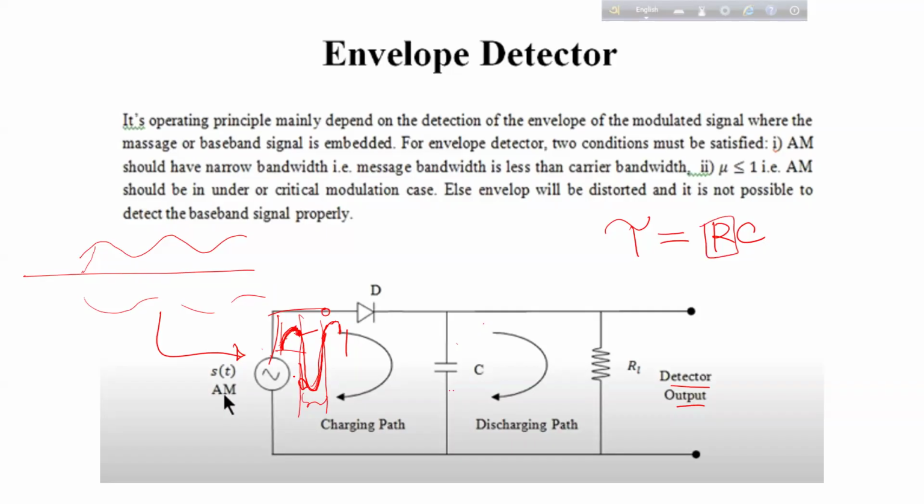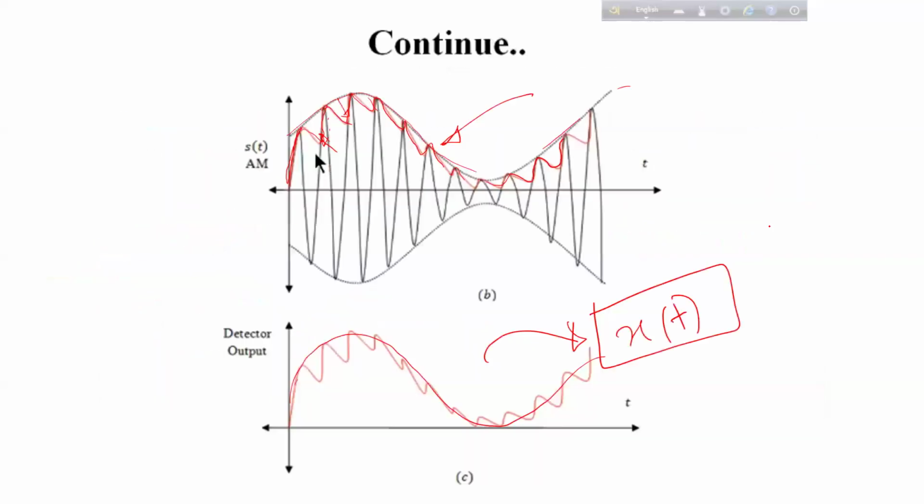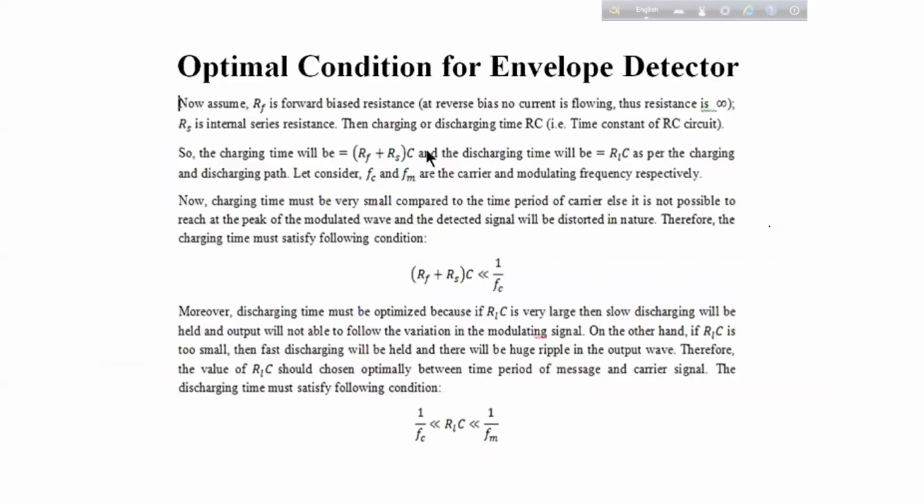So what is our charging path? This is our charging path. The resistance present in this path is R, and the capacitor present in this path is C. The resistance in this path is written as RF.